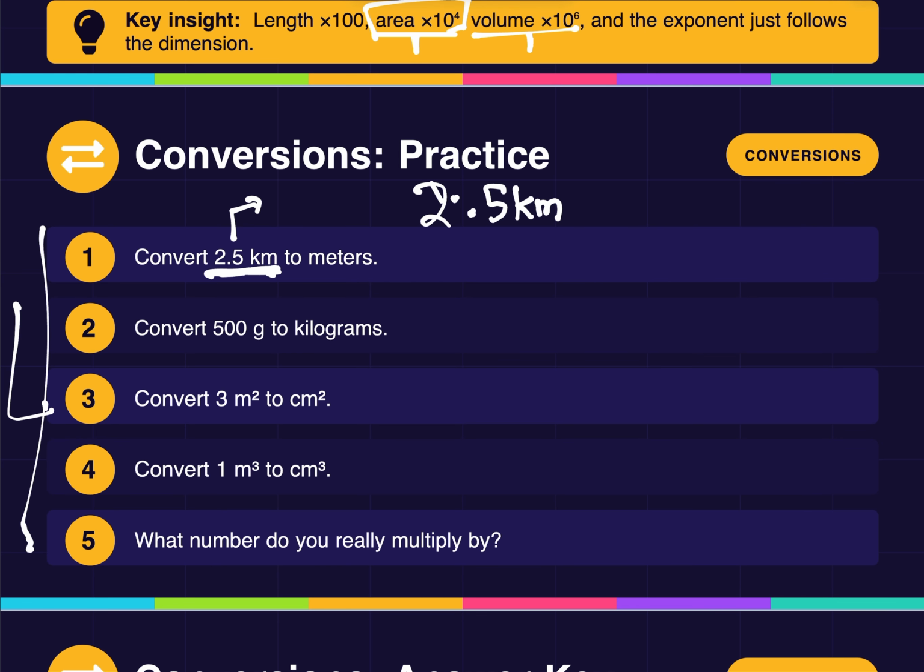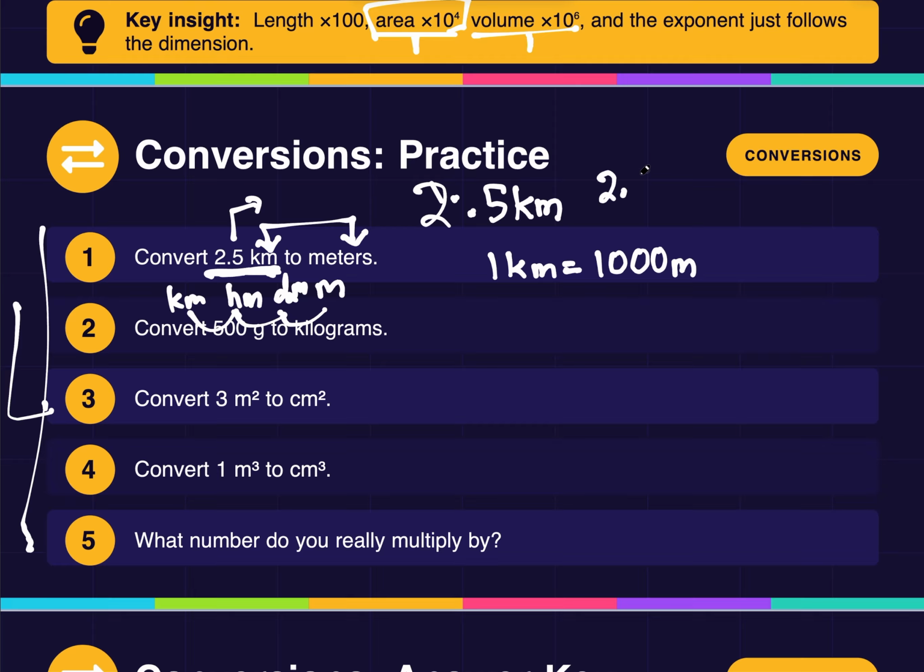And then what do I want to convert it to? I want to convert it to meters. So I'm going to define a relationship between kilometers and meters. Meters are here, decameters, DAM, and then hectometers, and then kilometers, right? So 10, 10, 10. 1 kilometer is equal to 10 to the third meters, or 1,000 meters.